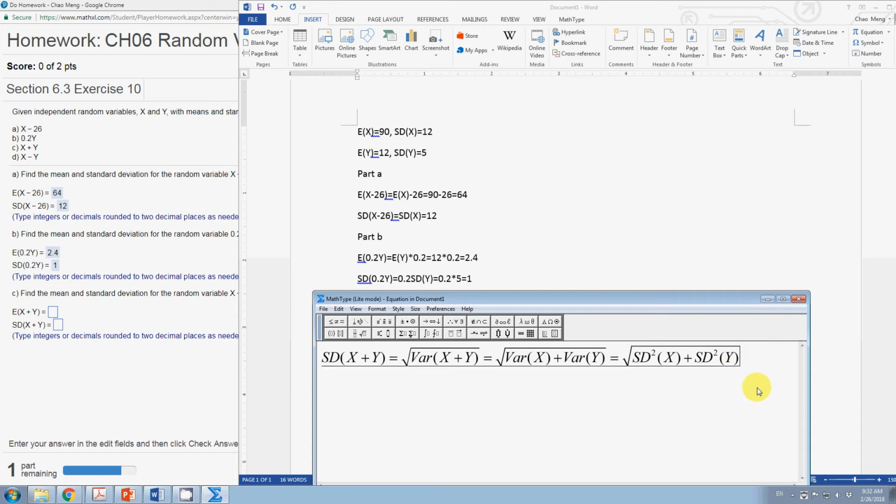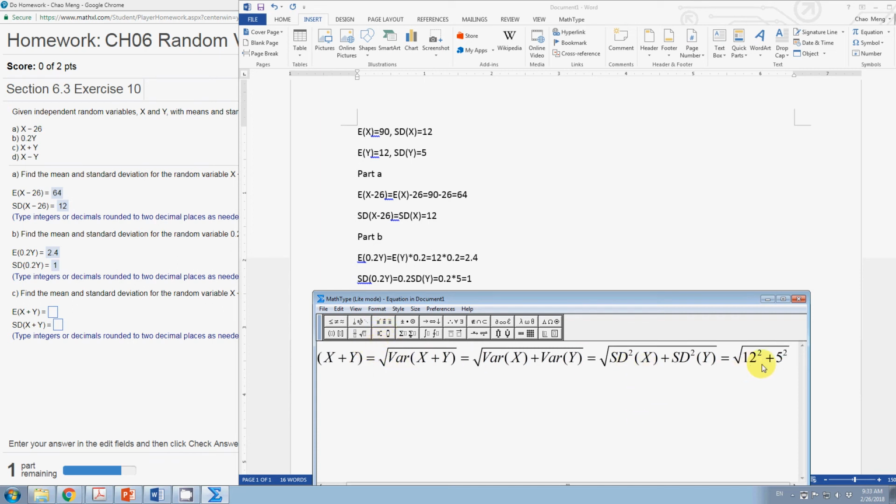Now we can plug the numbers in there. The standard deviation of x is 12, so that's going to be 12 squared. And the standard deviation of y is equal to 5, so that's going to be 5 squared.